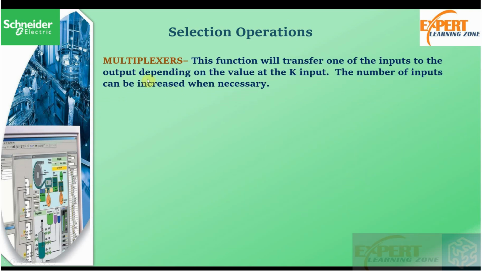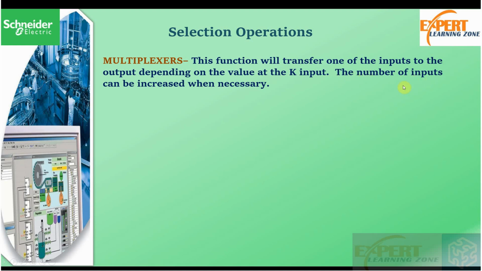Next, we will look at the multiplexers. Multiplexers are functions that take in multiple inputs and transfer one of those inputs to the output based on a certain number, which we call k. The function transfers one of the inputs to the output depending on the value of the input k.